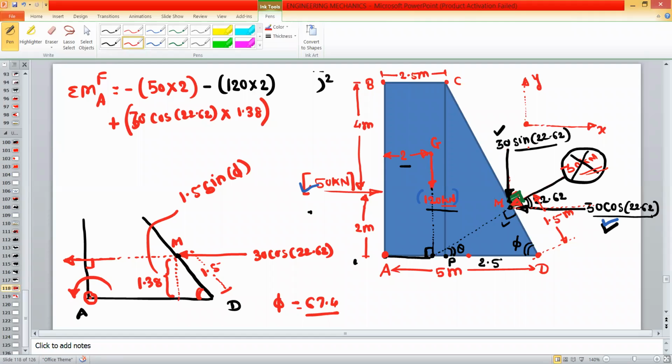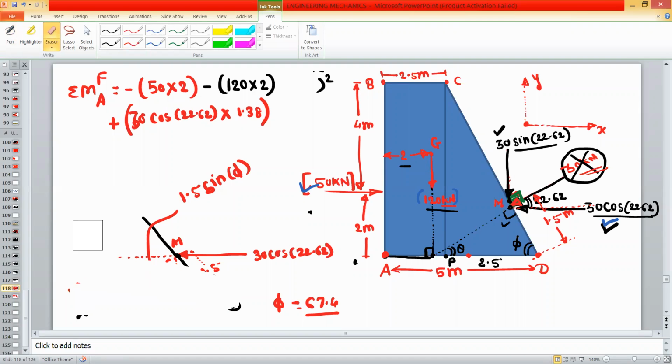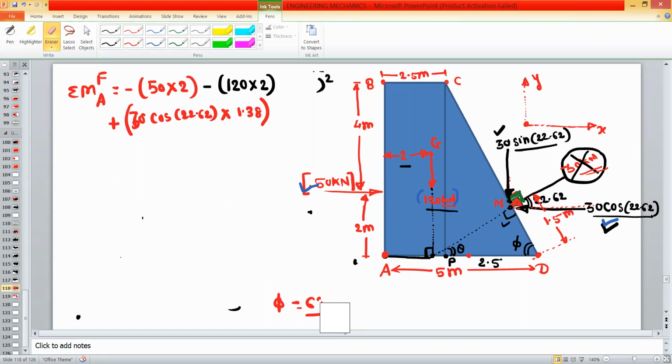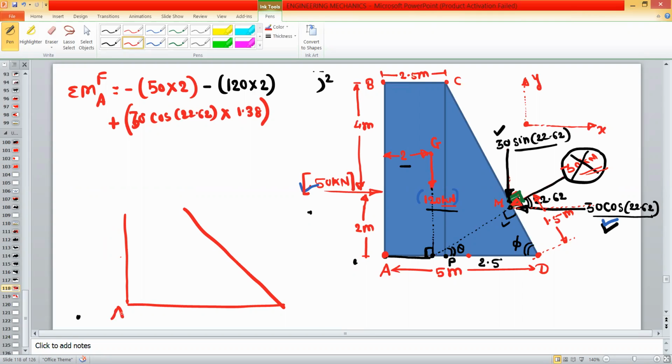Next, consider the 30 sin 22.62. This is the point A, this is the point M, and this vertical force is 30 sin 22.62.